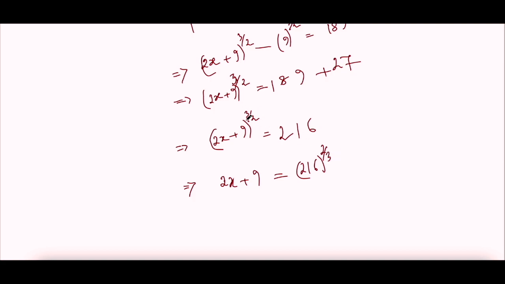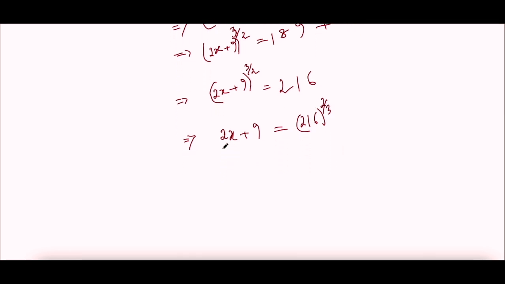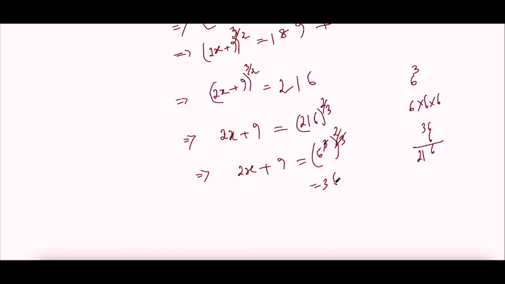The power you have in the left side, if you took it in the right side, it will be just the opposite one, 2 by 3. And 216 to the power 2 by 3 is equal to what? 216 means 6 to the power 3, I think. So we can write 6 to the power 3 whole to the power 2 by 3. 3 and 3 will cancel. 36. This equals 36.